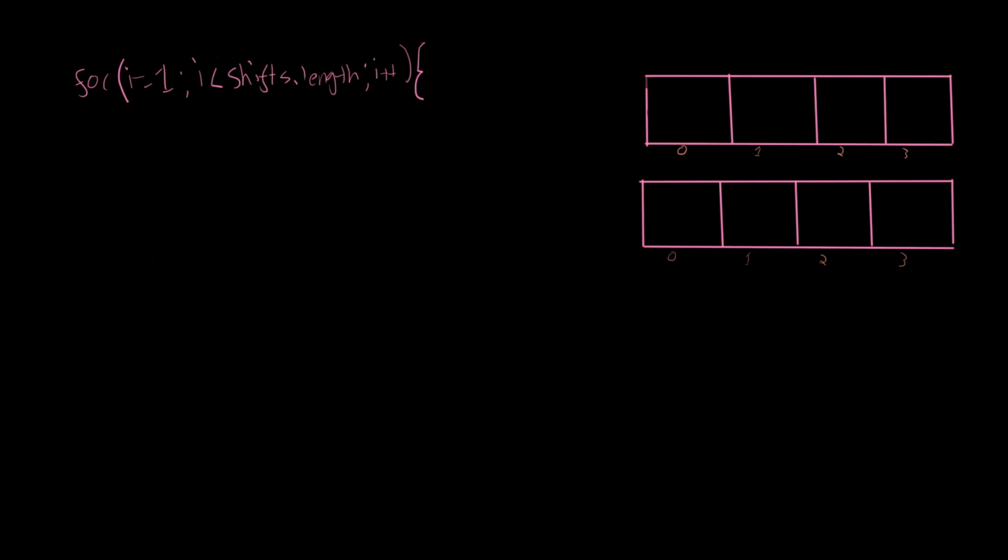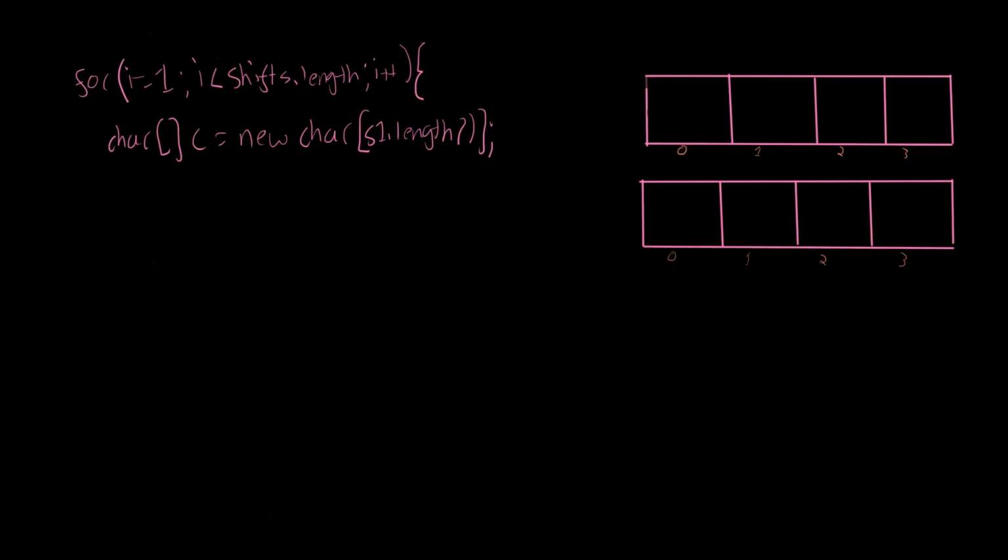Every time this loop runs, we're creating a new character array with the same length as S1. So we're going to call that c equals new character array, with the same length as S1, so S1.length.